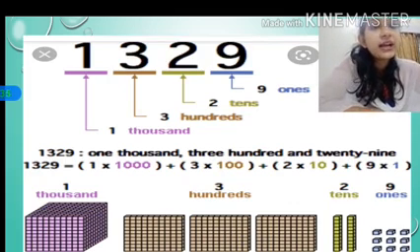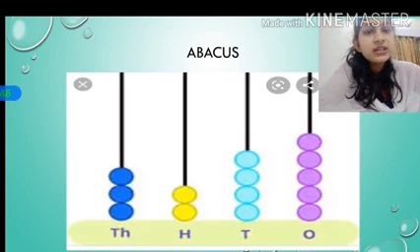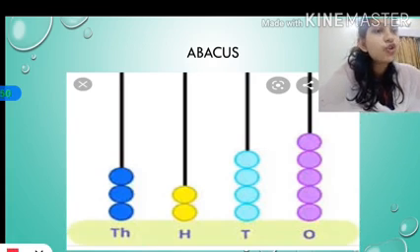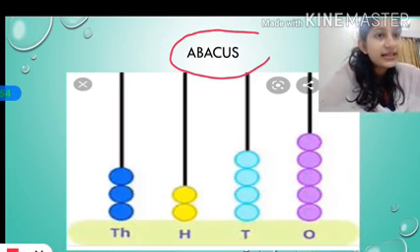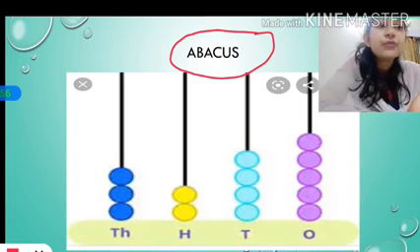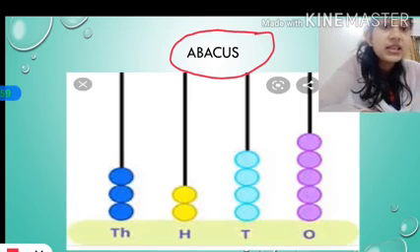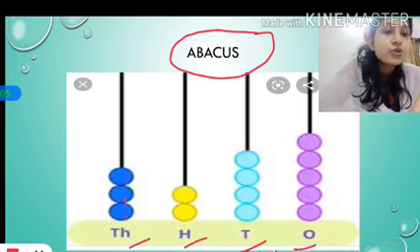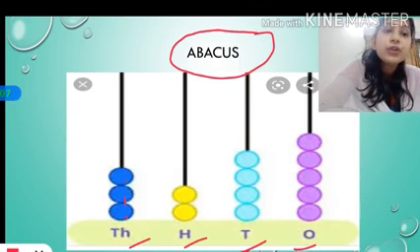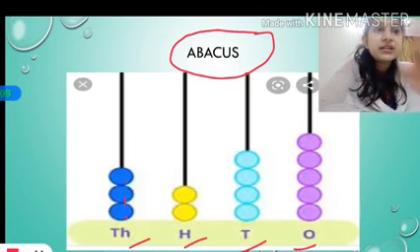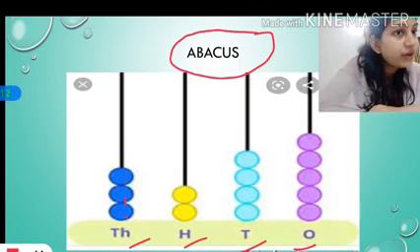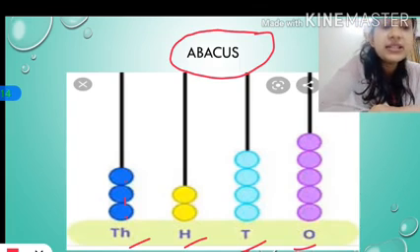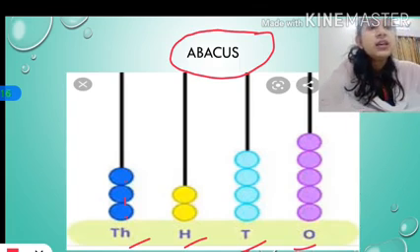But before that, let us see the abacus. The same concept, nothing changed, only the platform is changed. Here we are now trying to understand the place value through abacus beads. These are the beads of the abacus. See here, 1000, 100, tens and ones. If I ask you what is the value of this number looking at the abacus, can you find out? You have done this in your previous year. So let us count.